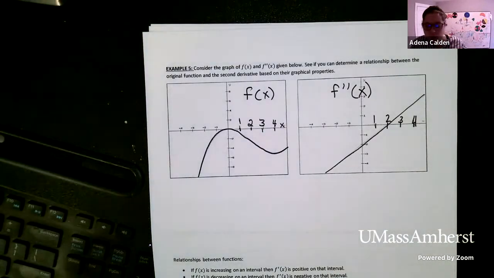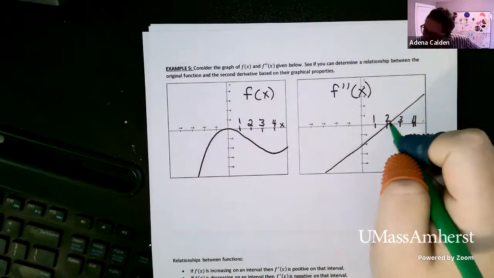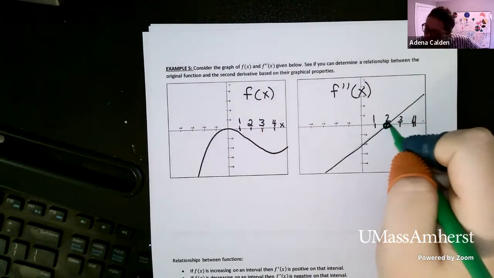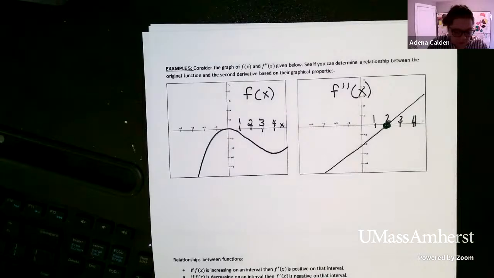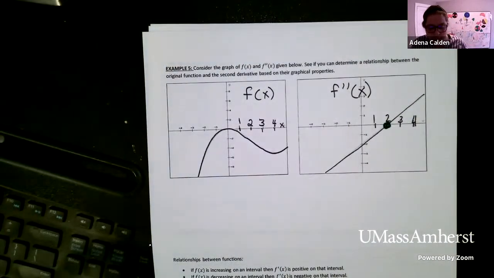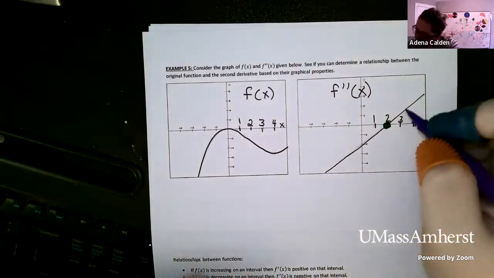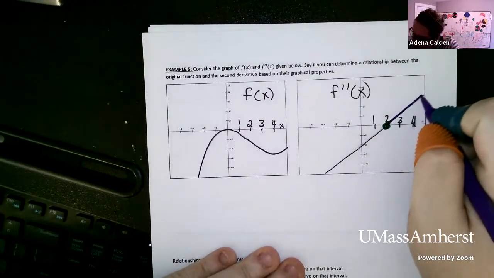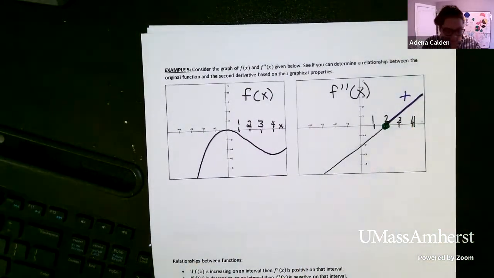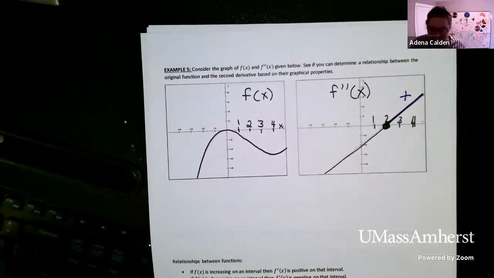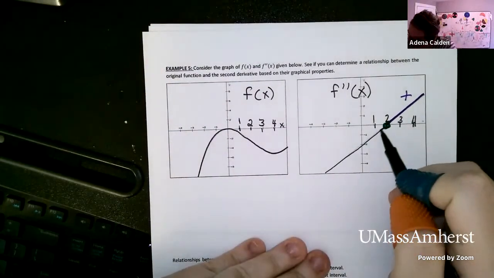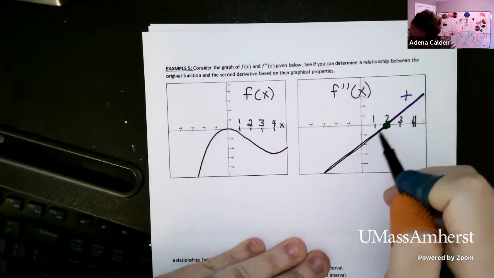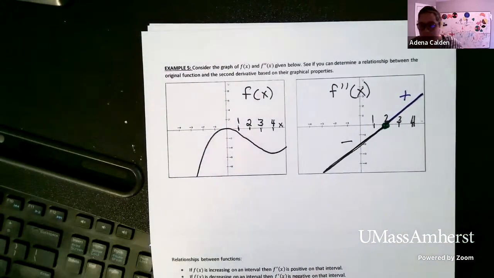And what you may notice here is that at 2, we go through a 0, which is interesting. But also that when we are beyond 2, the second derivative is positive. But when we are before 2, the second derivative is negative.